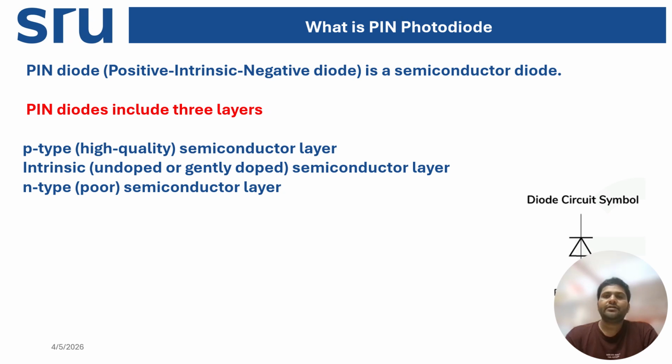Because of this, PIN photodiodes are much faster than PN junction diodes.